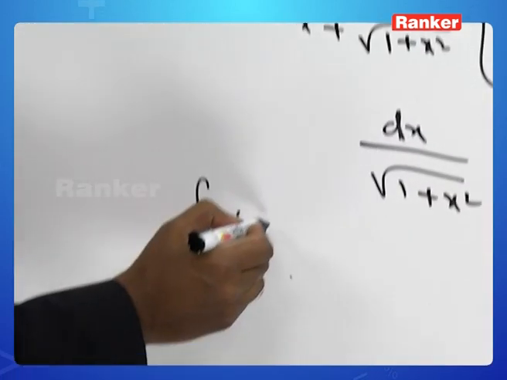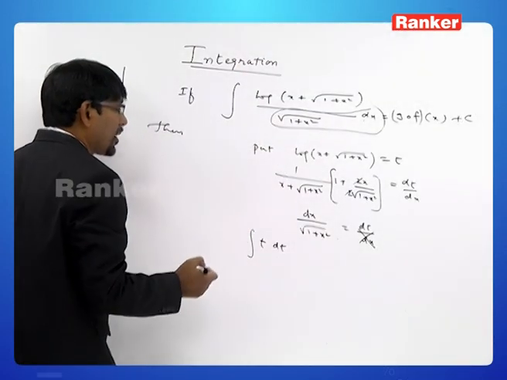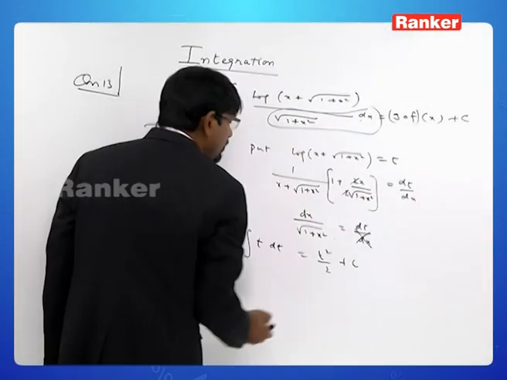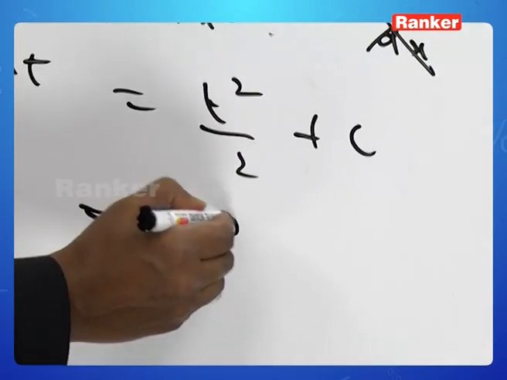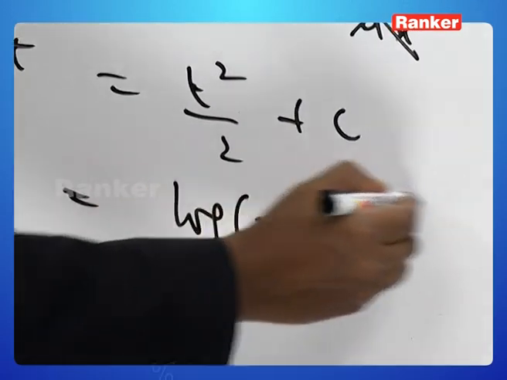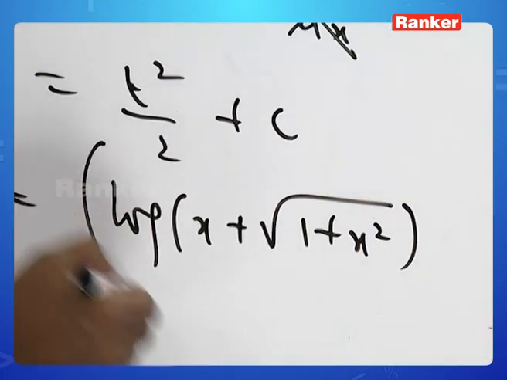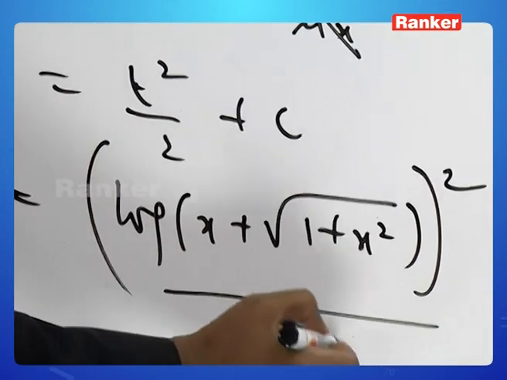Now, it is turning into the form of t dt. And what is that? t square by 2 plus c. What is that? Log of x plus root over 1 plus x square, the whole square, by 2 plus c.